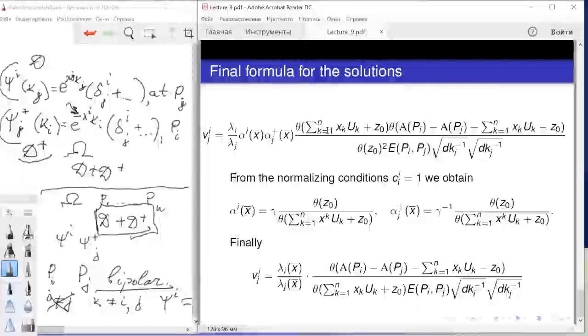Now, there was a normalizing condition on the functions phi I and phi J. And from these normalizing conditions, let's return.